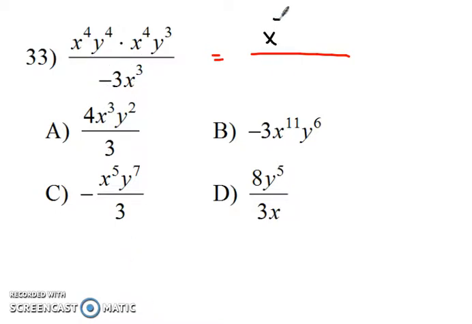I'll just have 5 of them left over. So I took care of the x's. Here's 7 y's total on top, and none of them are going to cancel out down below, so I better have y to the 7 up top. I've dealt with all the x's. I've dealt with all the y's. I still have a -3 there, so I'll just put 3 there and put a negative out front, and it looks like then the answer is C.